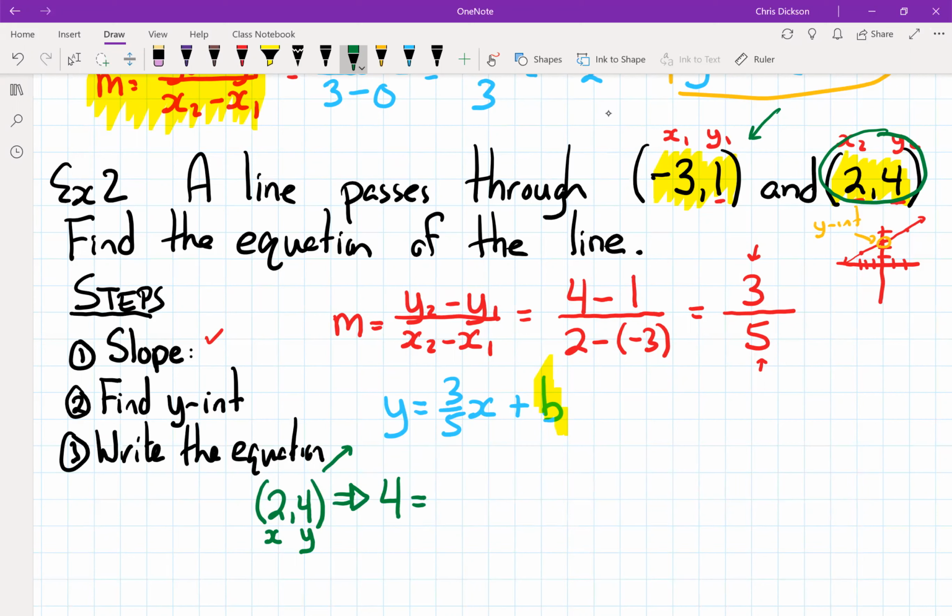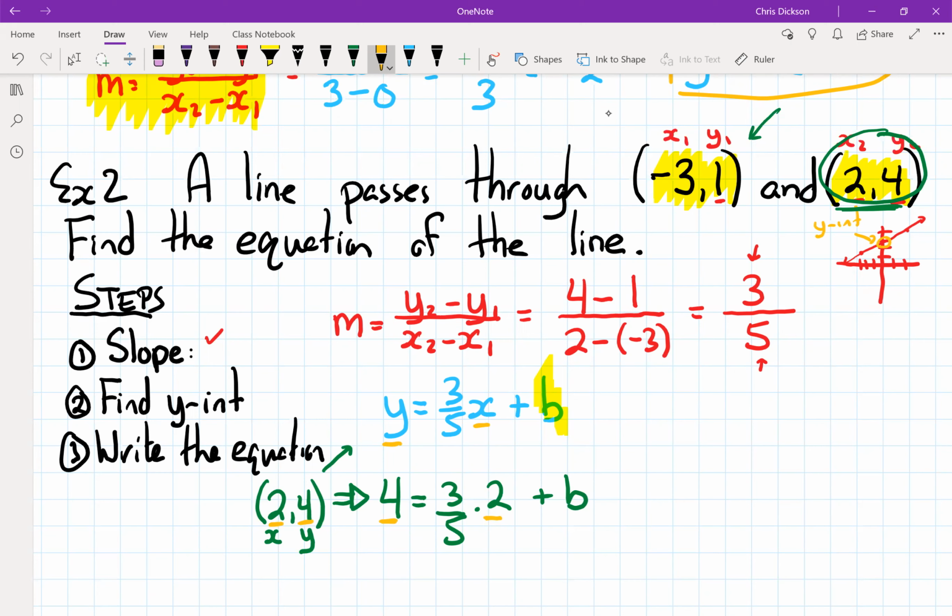It's going to equal 3/5 times the x value of 2 plus b. So before I solve that, I just want to go over that again. I took one of the points that was on the line that has the slope 3/5, and I plugged it into the equation. So my x value was 2, so that went for x. That's x right there. And my y value was 4, and I plugged that in for my y value there.